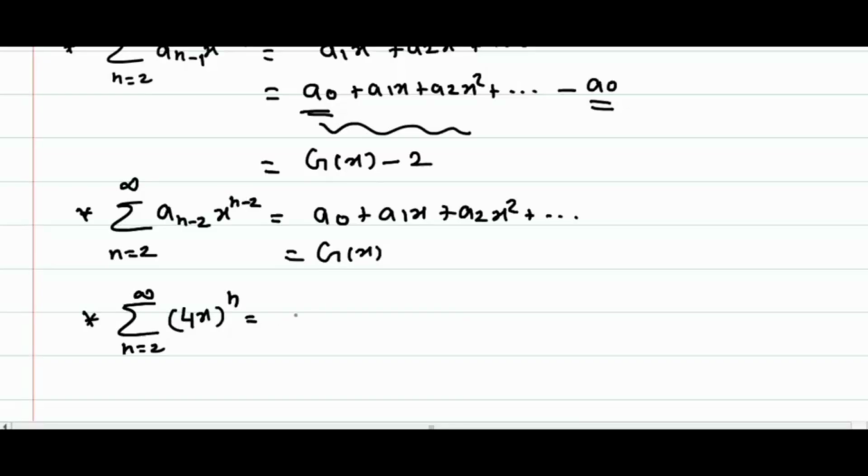Substitute n equal to 2, we get 4x square. Substitute n equal to 3, so we get 4x power 3, plus etc. Here we see 4x square is common.